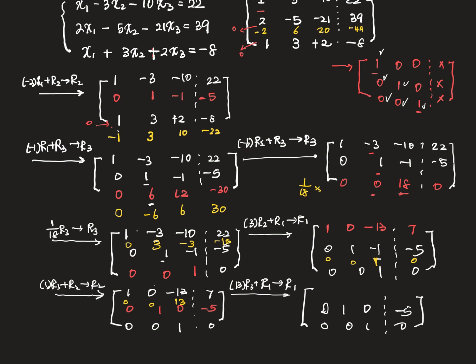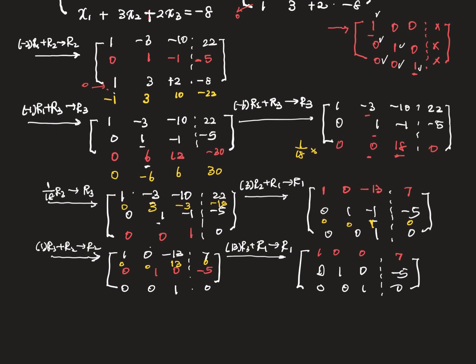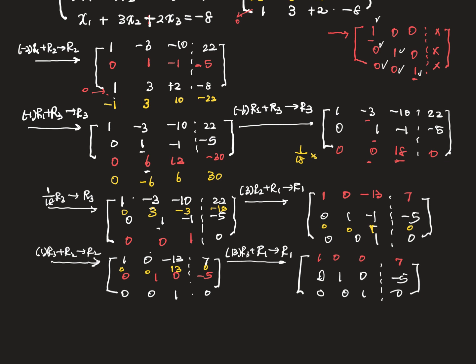Oh, 0 times 13 is 0. So what do you have here? Last one is 1, 0, 0, 7, guys. So you have it. What's your answer right there, guys? That's the augmented matrix. Now you have x1 is 7, x2 is negative 5, x3 is 0.